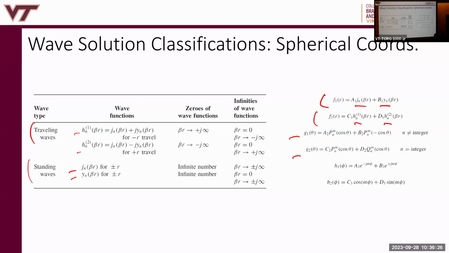It's bound. Same with the azimuth. Everything leaves in the r direction, right? So we'd have standing waves here for P, and you can have either P and P or P and Q, depending on whether n is an integer or not, right? And then we have the azimuthal functions, either e to the j phi or cosine and sine.